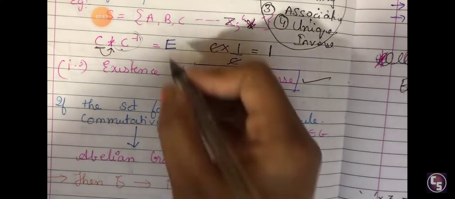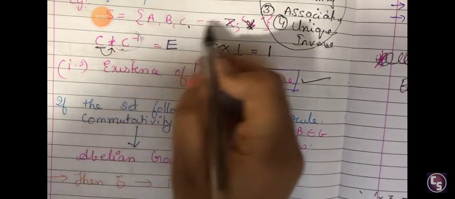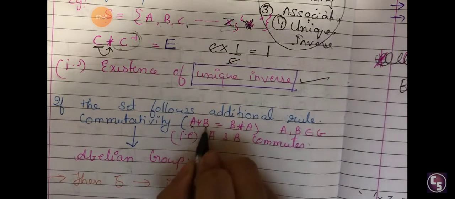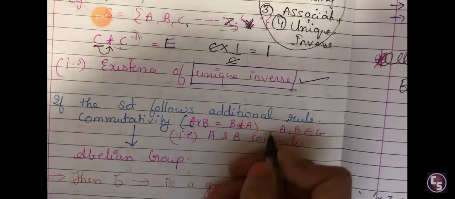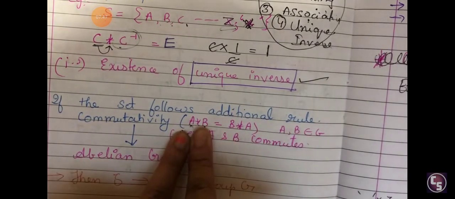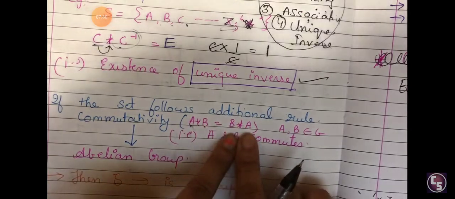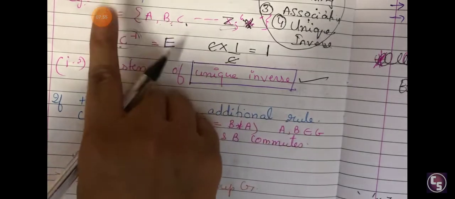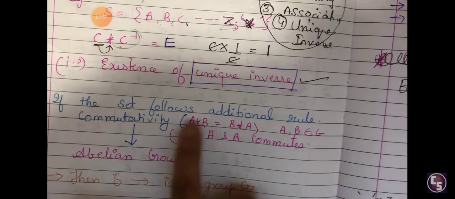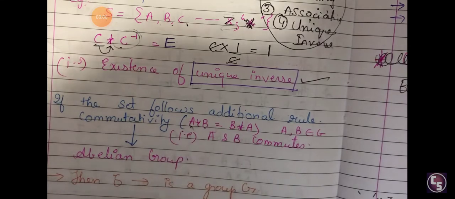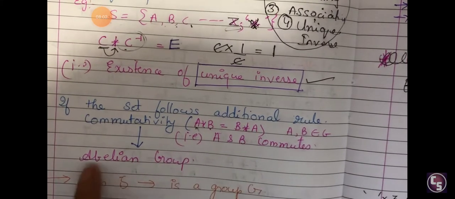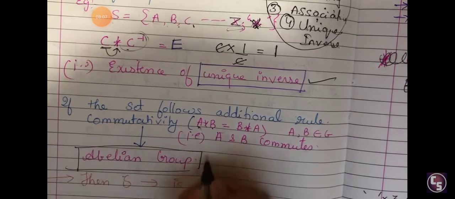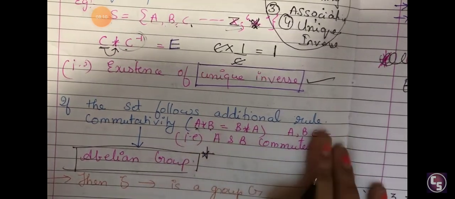If you take an example of set S, with elements A, B, C, D till Z, and multiplication is a binary function, we have A multiplied by B equal to B multiplied by A. Whatever answer I get of A multiplied by B, I get the same answer of B multiplied by A. So A and B belong to the same set S. This indicates that A and B both commute with each other, and such a type of group is called an abelian group. Abelian group is another special type of group which we will see in our later videos.